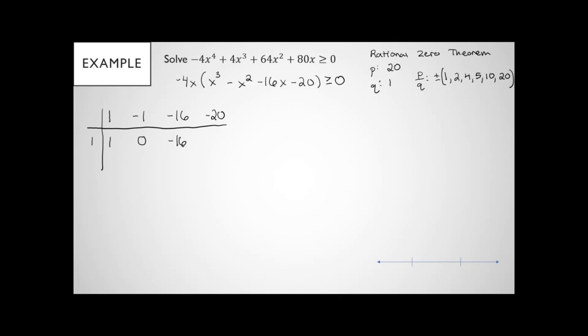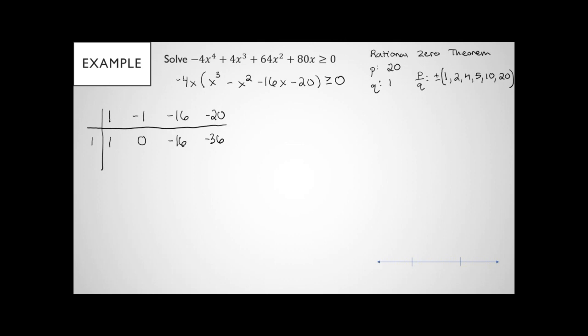So that gives us a -16. And then 1 times -16, then minus 20, we get -36. So this is not a 0. If it's a 0, we would have gotten 0 at the bottom. But with my multiplication and adding with the synthetic division, it does not come out to 0.